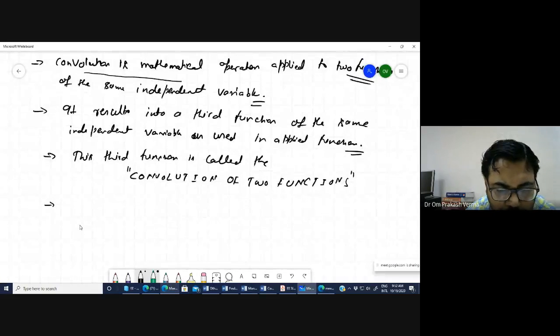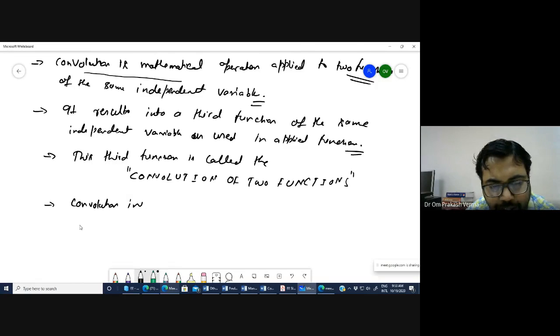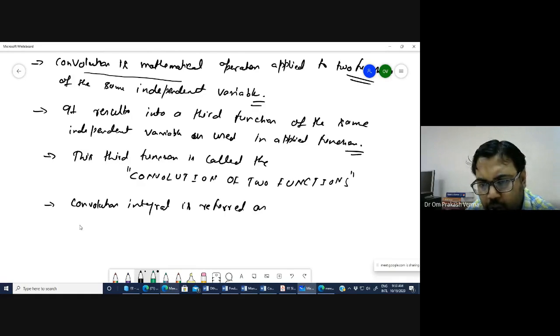So always remember, convolution integral is also referred to as superposition integral.